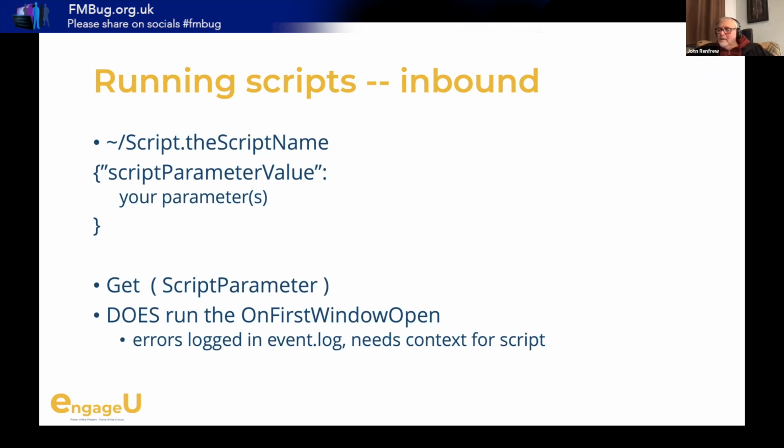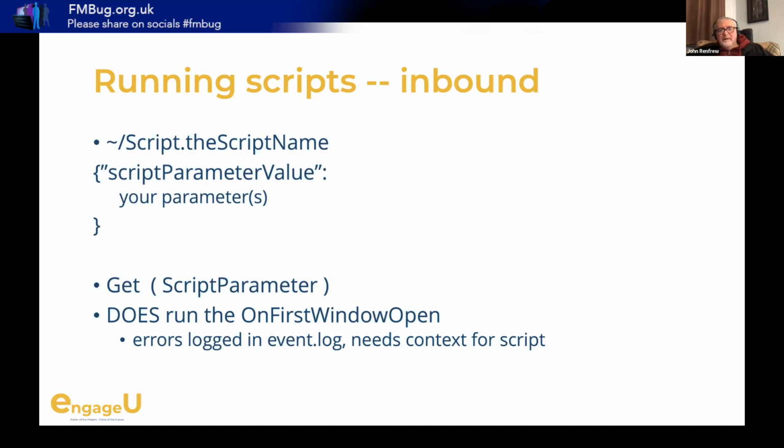So we use script dot and then the script name, and we can pass parameters to that script as well. You have to pass the JSON object with script parameter value, but anything we pass in the middle of there gets passed to the script that you're calling. And at the receiving end in the script, it's just gathered with the regular Get Script Parameter.